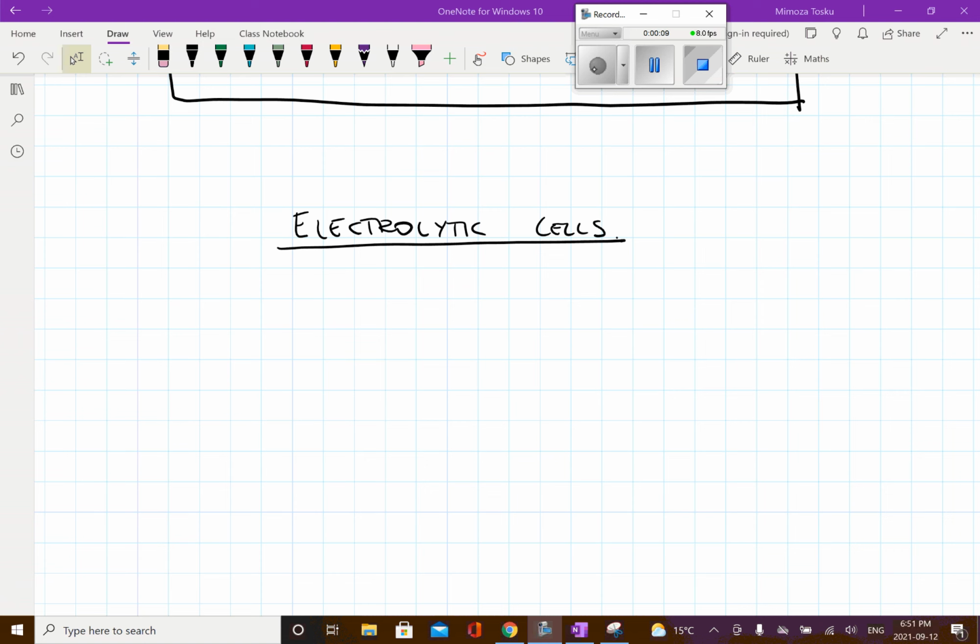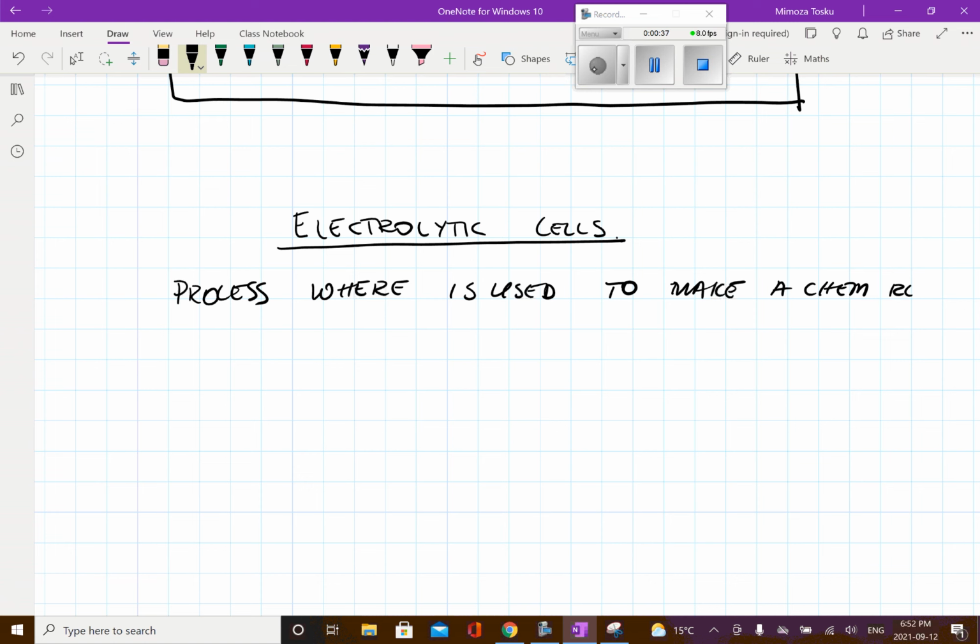Electrolysis is a process where electricity is used to make a chemical change happen, a reaction change that wouldn't happen spontaneously, on its own.